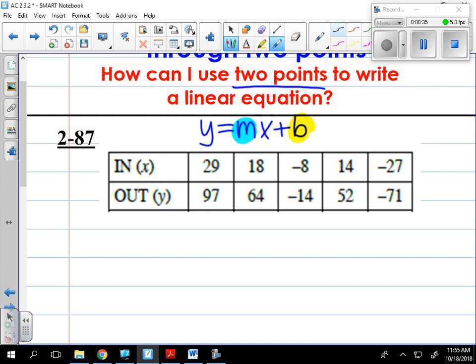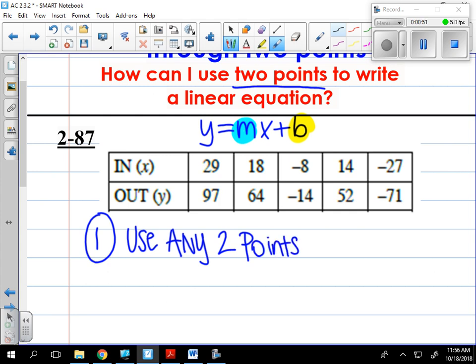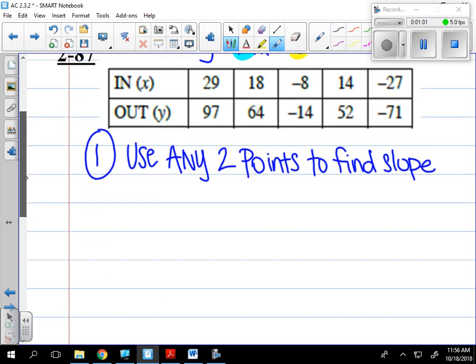Okay? So the first thing that you want to do is choose any 2 points to use to find the slope. So remember that slope is rise over run, or delta y over delta x.